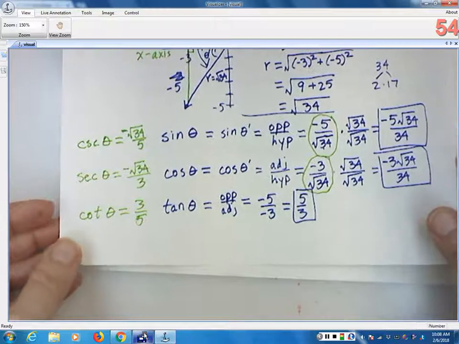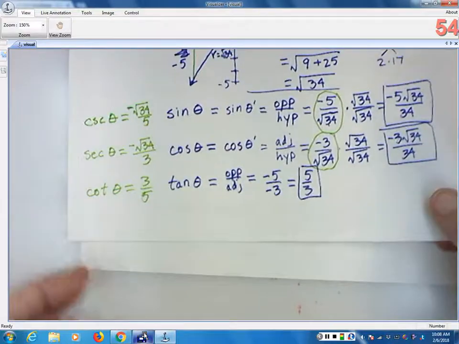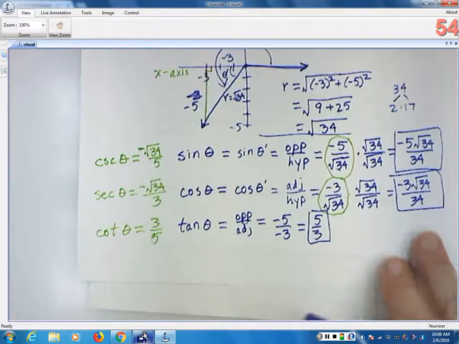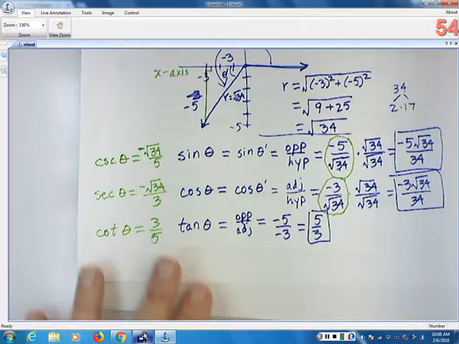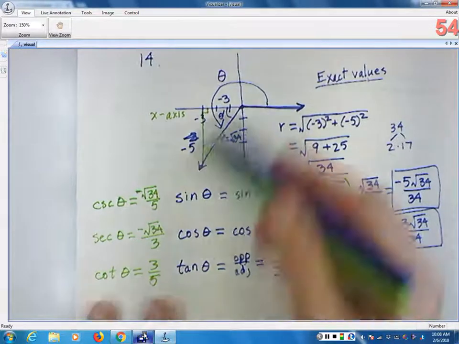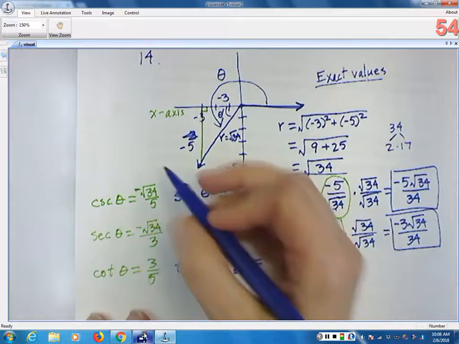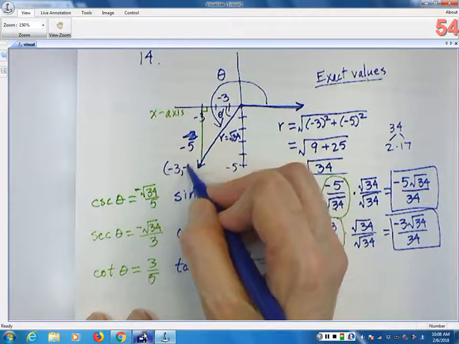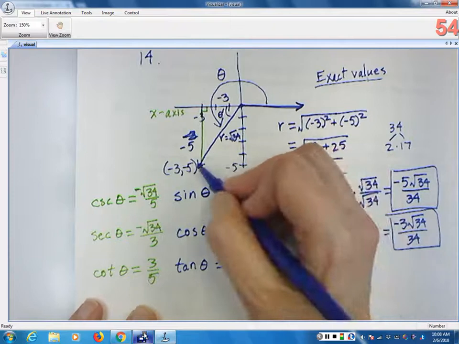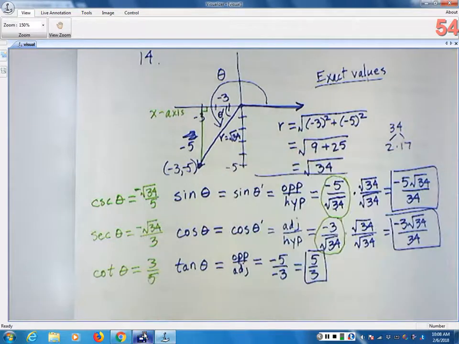Will it say on the test this is R? If it gives you coordinates, they're going to be x and y. So these coordinates were -3, -5. That's going to be right here. I don't think I give you R on the test. I think I give you coordinates like this.